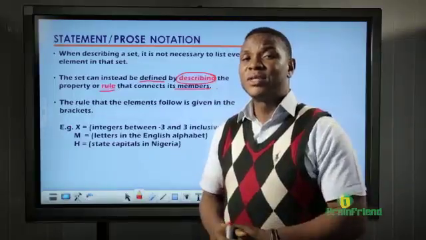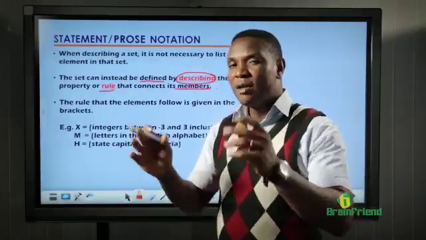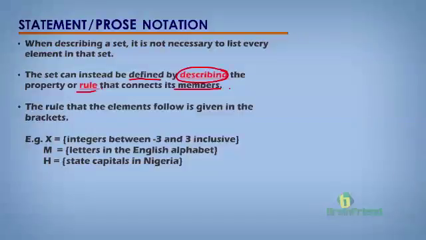That is, to simply represent our set by writing the rule of the set in between our curly brackets. Let's take an example. X here is an example of our statement or prose notation method, and X is the set of all integers between -3 and 3 inclusive.